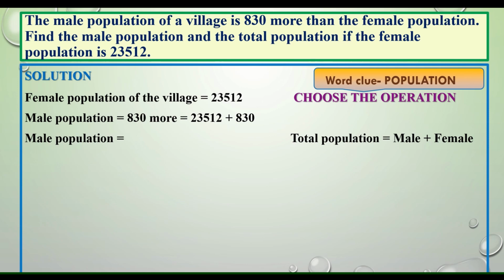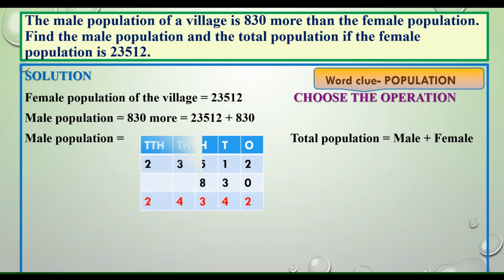When you add these numbers, what will you get? Male population. So to get the male population, we have to arrange the numbers in columns to add. Now here the male population of the village is 24,342. According to the question, we have to find out the total population.